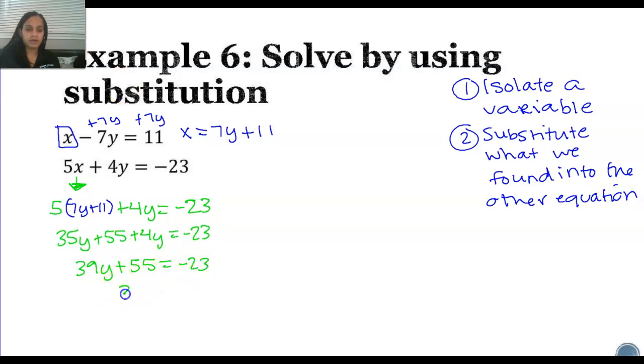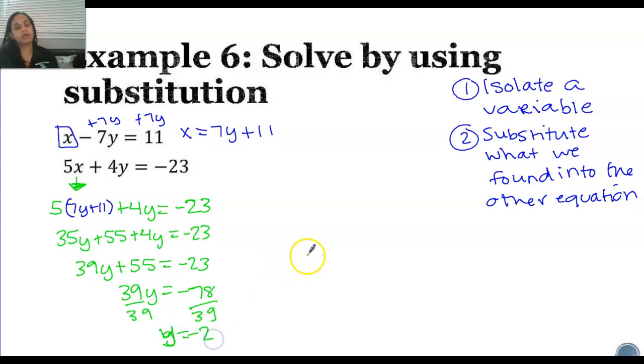Subtract 55 on both sides. And divide by 39. So y equals negative 2. So with that being said, we have now solved for that variable.